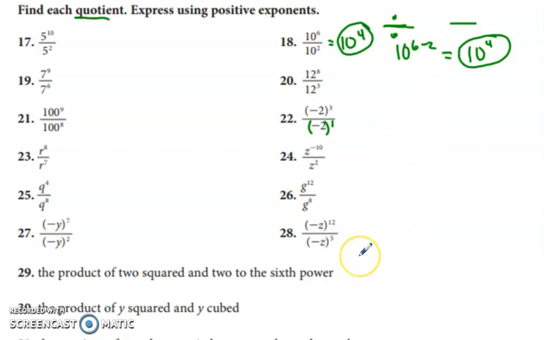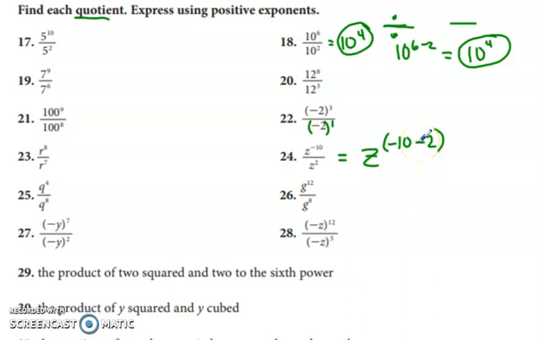Okay, and so let's look at another one here. What one should I look at? Oh, let's do one with a negative value up here. I don't see one anywhere except for this one. Okay, I'm going to start this one for you. So it's going to be z, and it's going to be the negative 10 minus 2.